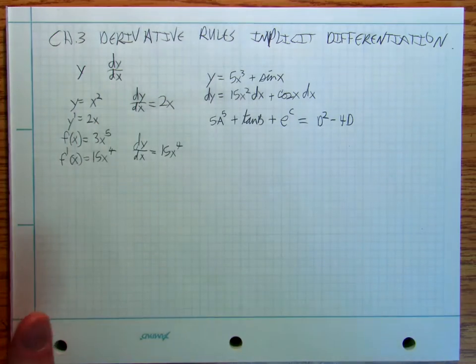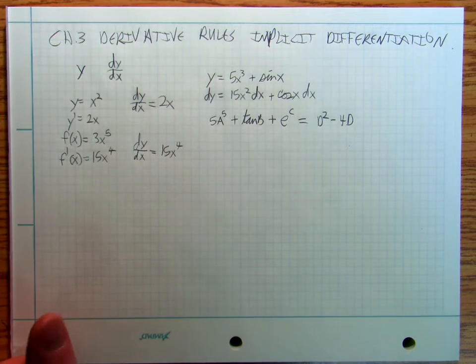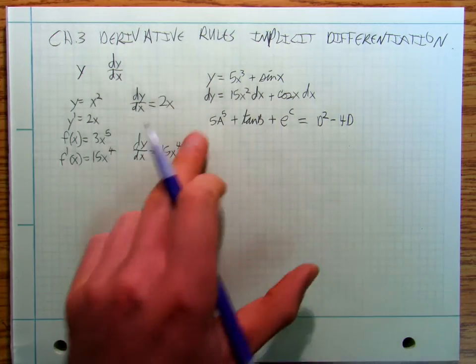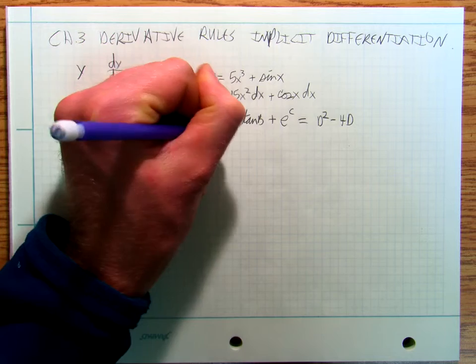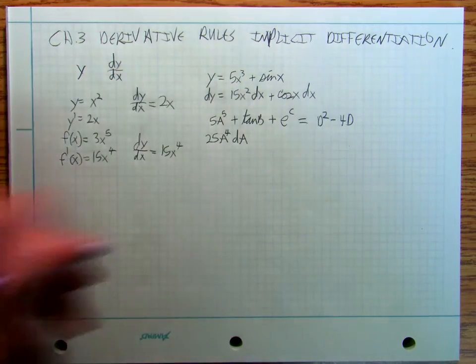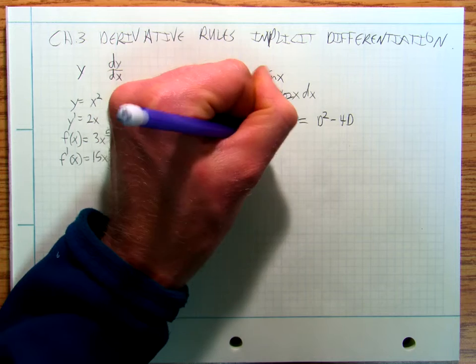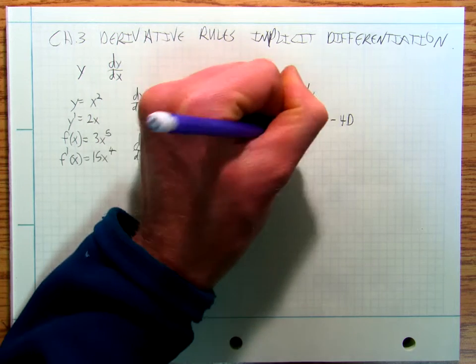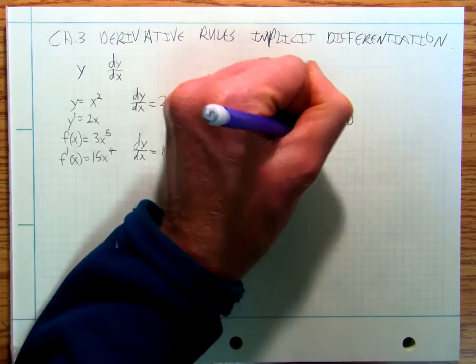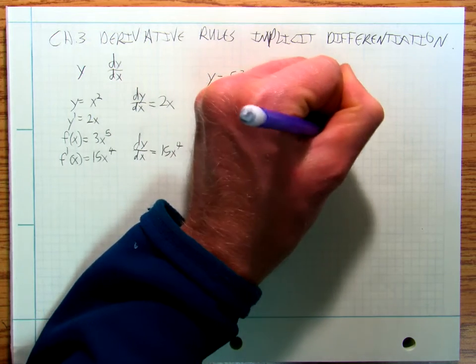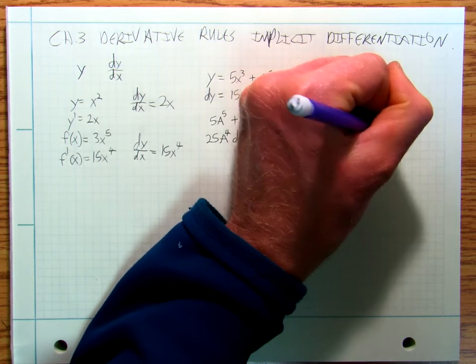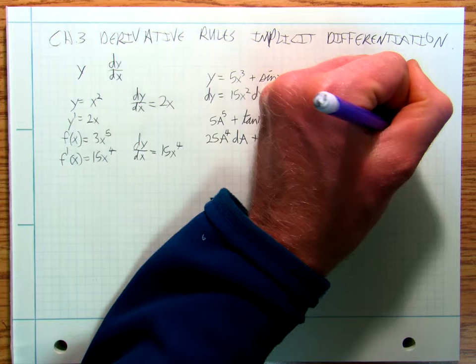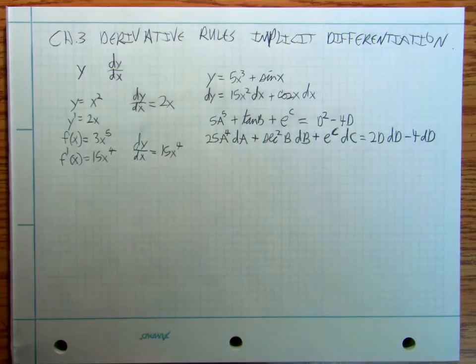Now, what implicit differentiation is telling us, I'm starting off a little bit too theoretical, is that the way I'm going to do this is 25a to the fourth dA plus secant squared b dB plus e to the c dc equals 2d dd minus 4 dd.